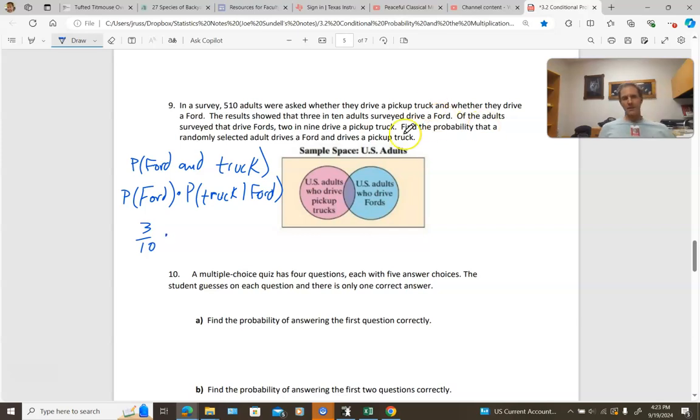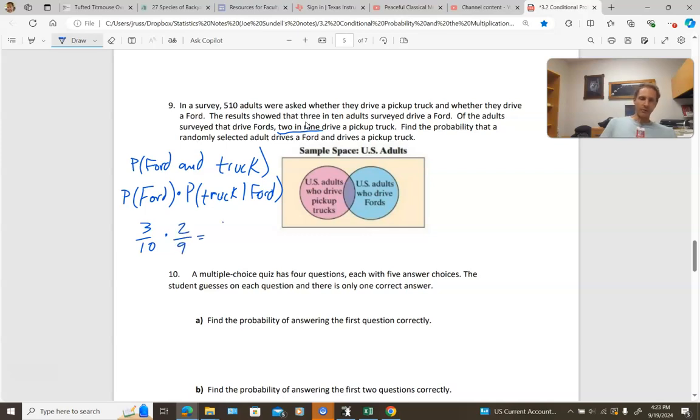Times the probability that they drive a truck given that they're already driving a Ford. That's right here, because it says, of the adults surveyed that drive a Ford, 2 in 9 are driving a pickup truck. Again, this conditional probability is like we've narrowed the sample space. We're only looking at those adults that are driving Fords and trying to figure out, if you drive a Ford, what's the probability that it's a truck and not a car? So that's going to be 2 out of 9.